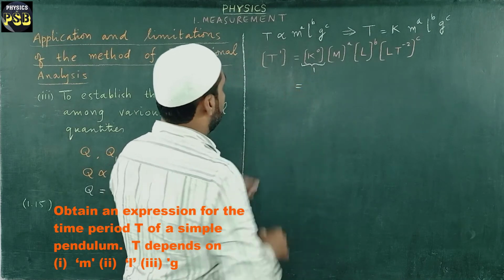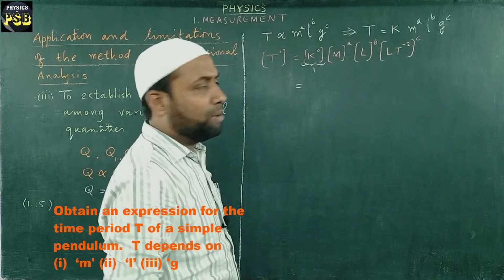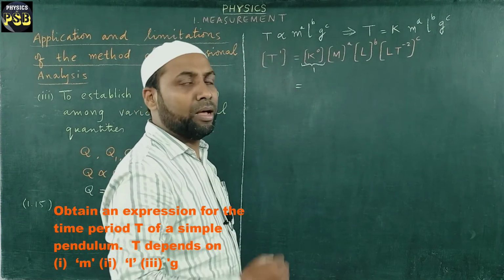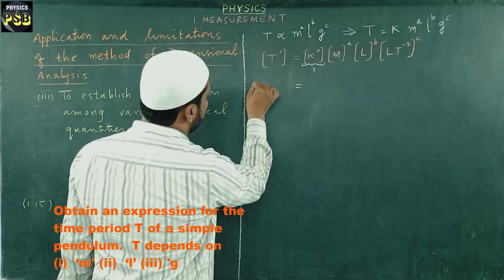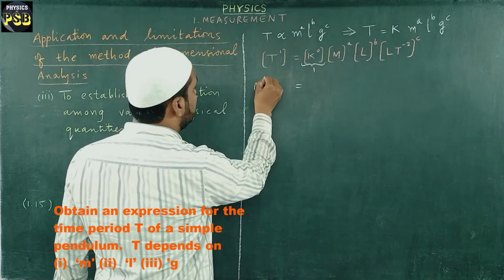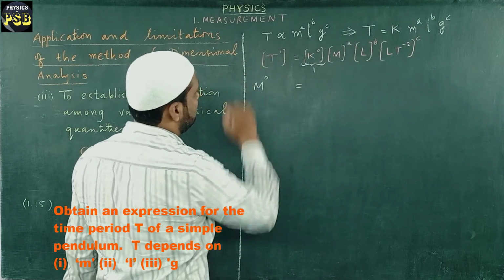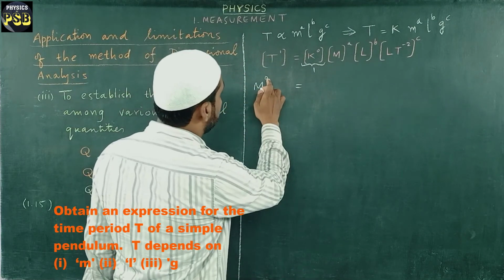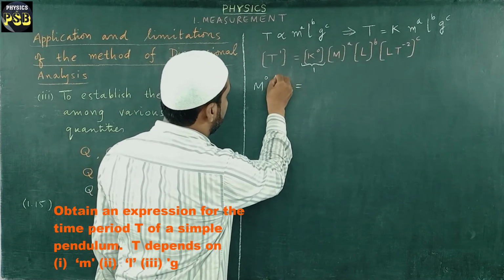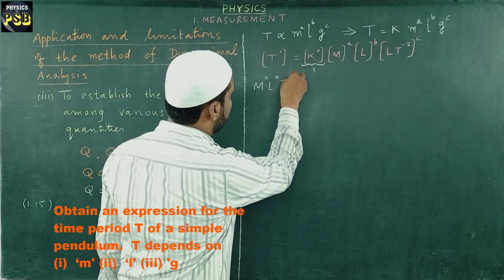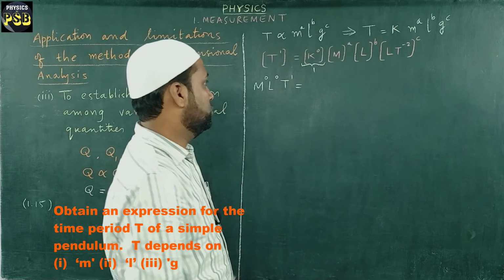I am going to write the dimension of time period in terms of mass, length and time. So what do I get? M, I raise it to power 0. Time period has 0 dimension in mass, 0 dimension in length and 1 dimension in time. This is what it shows.